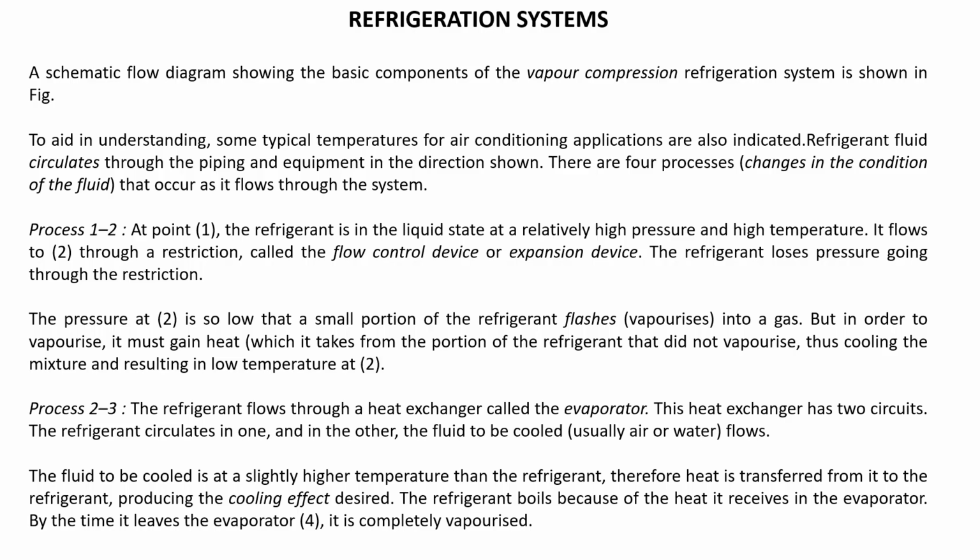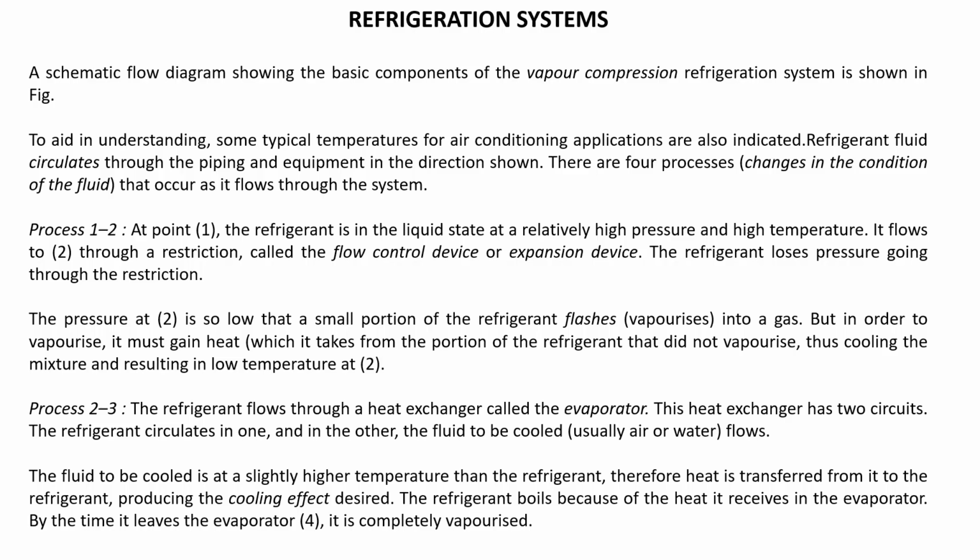At point 1 the refrigerant is in the liquid state, at relatively high pressure and high temperature. It flows to point 2 through a flow control device, or expansion device. The refrigerant loses its pressure as it goes towards point 2.